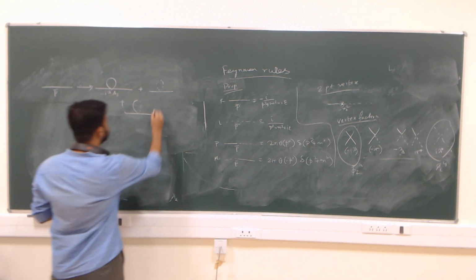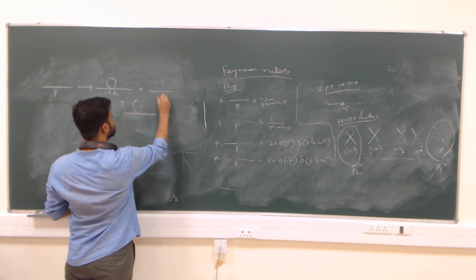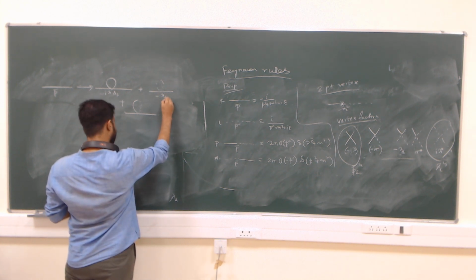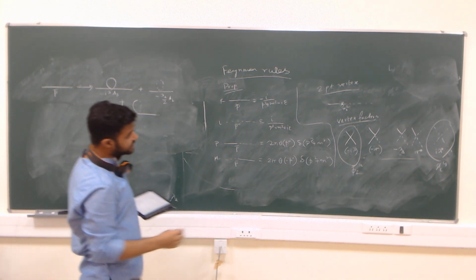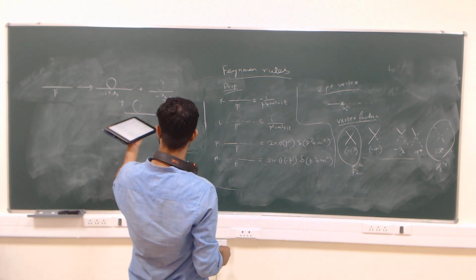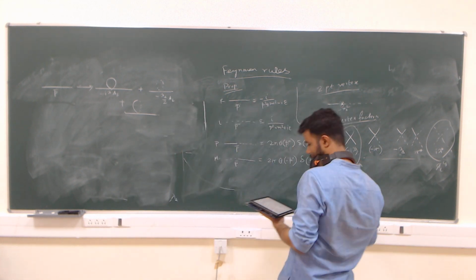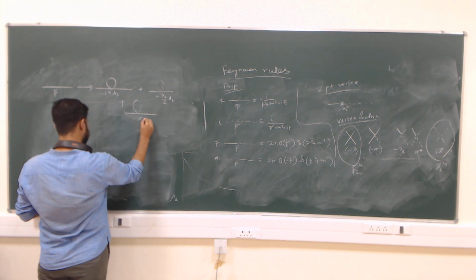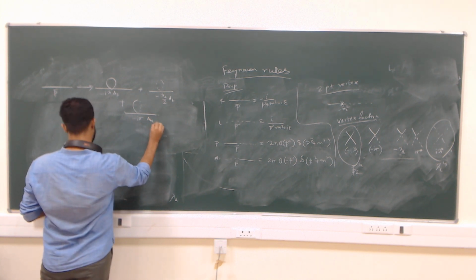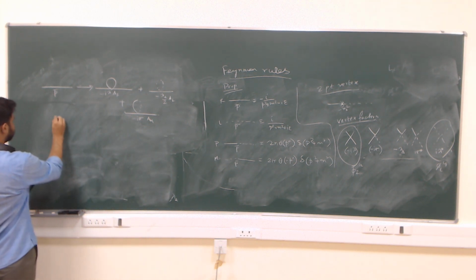Then this will be lambda delta, and this will be again mixed. So 3 of the things here, and this AR, AL, and A.